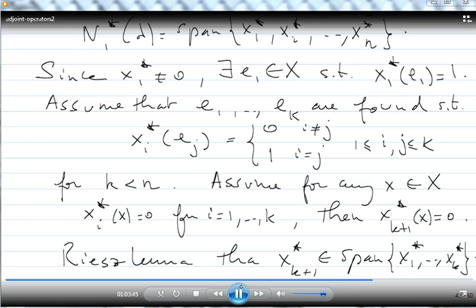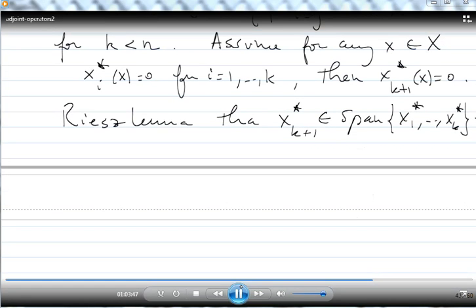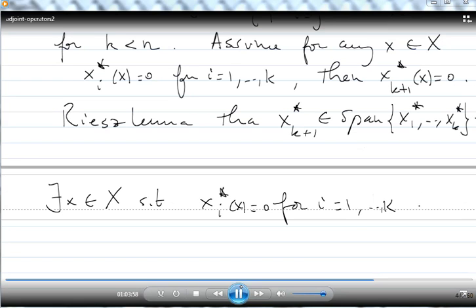So what does it mean? It means that there exists an x belonging to X such that xi star of x are all equal to 0, from i equal 1 all the way to k, but xk plus 1 star of x is not equal to 0. So you divide by this number and set ek plus 1 to be this x divided by xk plus 1 star of x.